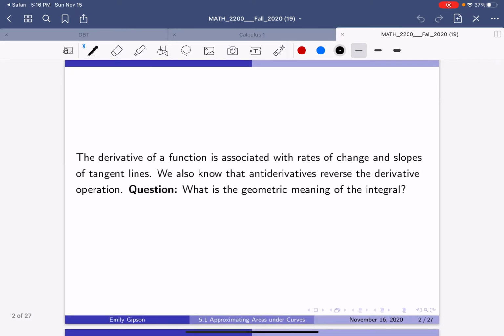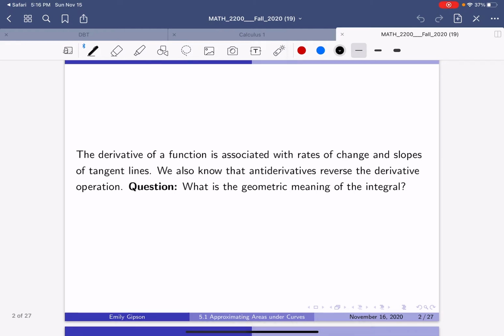So the derivative of a function is associated with rates of change and slopes of tangent lines. We also know that antiderivatives reverse the derivative operation. So here's a question. What is the geometric meaning of the integral? And some other fun things to remember is that the derivative of position is velocity, and the derivative of velocity is acceleration.